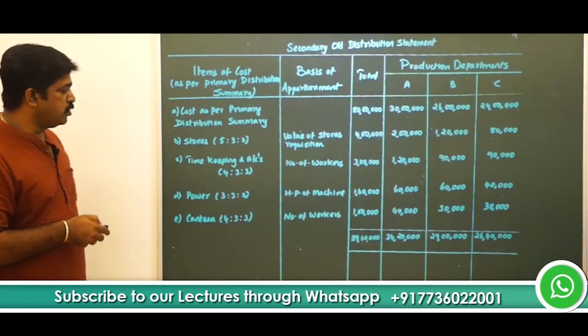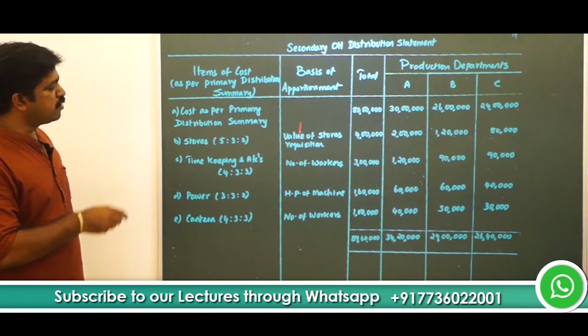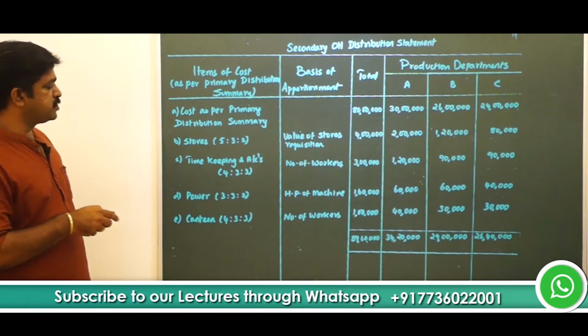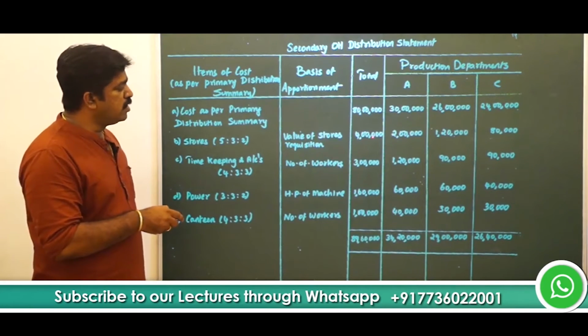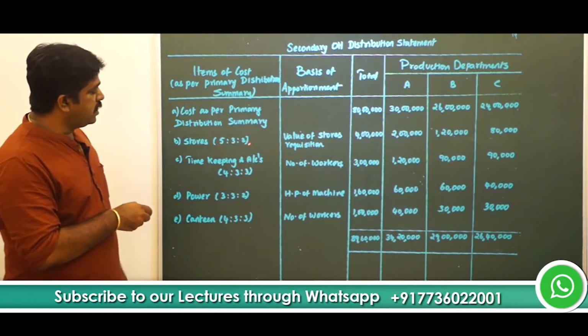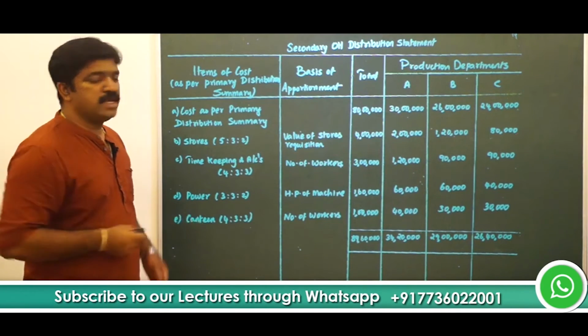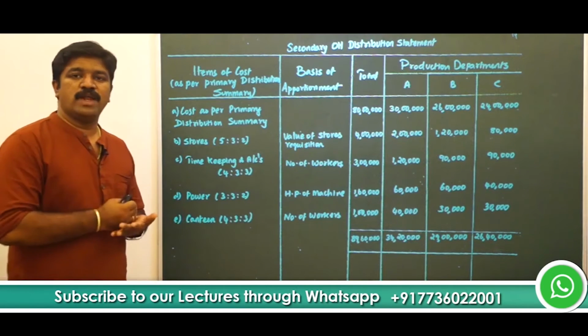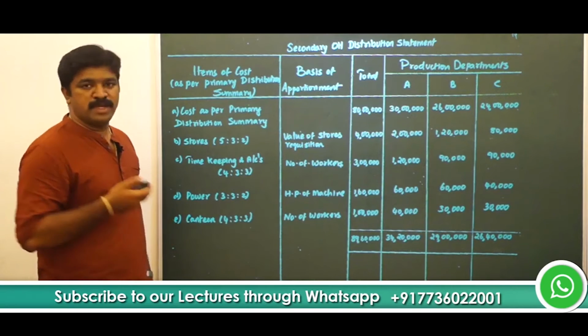So stores expense will be apportioned in the ratio of 5:3:2. The basis of apportionment is value of stores requisition, and the amount is 4 lakhs, so in the total column we write 4 lakh. 4 lakh is for 10. What is for 5, 3, 2? You get 2 lakhs, 1,20,000 and 80,000. That is 4 lakh divided by 10 multiplied by 5, 3, 2.